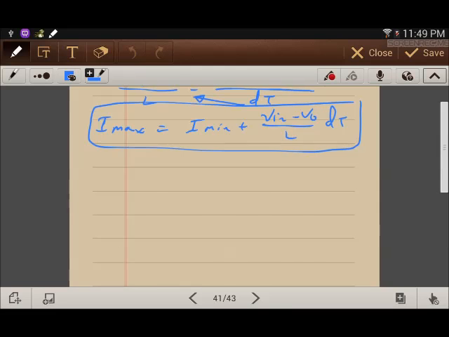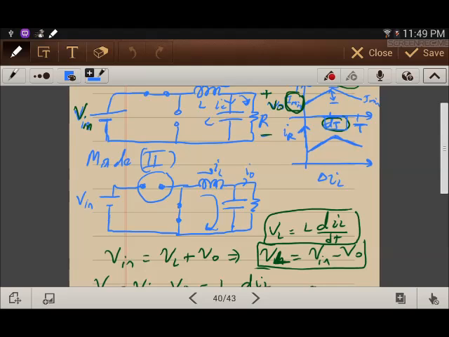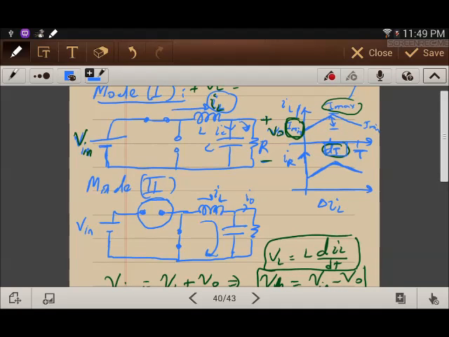Now, during the second mode, when the switch is open and the current starts to decline until it reaches time t.